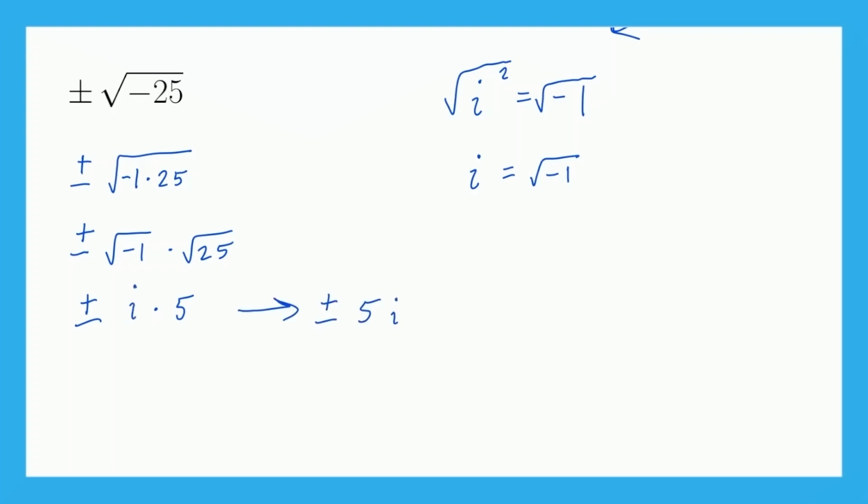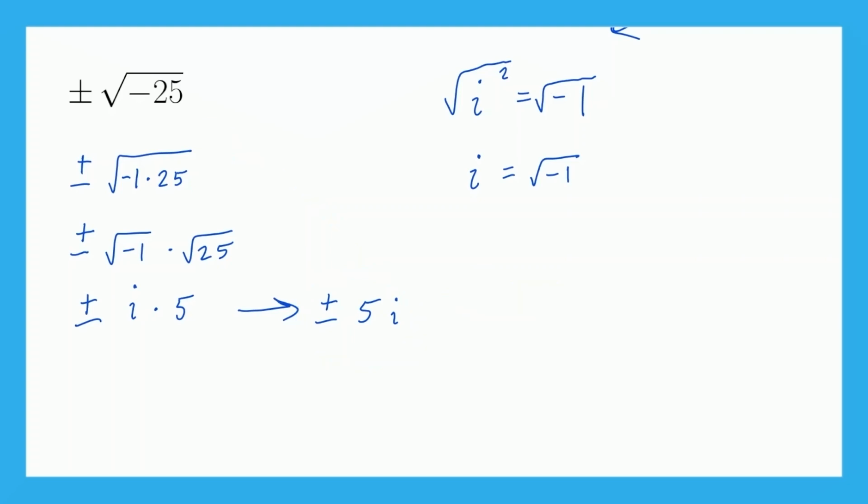You'll see that I write my i's a little bit squiggly just to distinguish them more easily, but if you want to write a normal i, that is totally okay. So now we have plus or minus 5i as how we express plus or minus the square root of negative 25. This is like saying plus or minus 5 times the square root of negative 1.